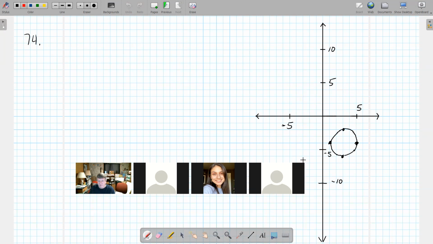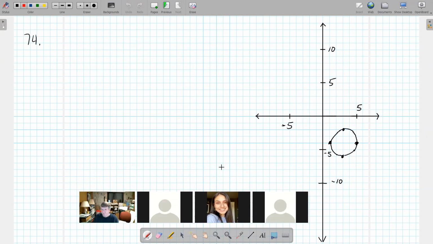How about this? Function or not? No. It's supposed to be a circle. It's not, because it fails the vertical line test all over the place. How about, let's see, here we've got the point (3, -2) and (3, -6).